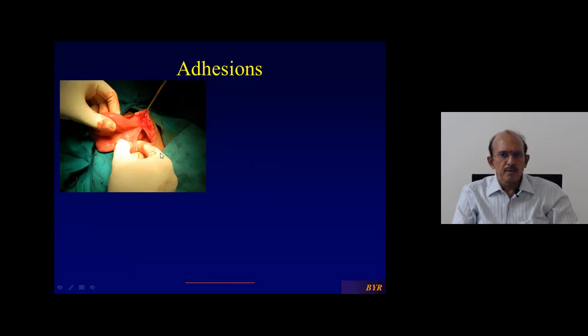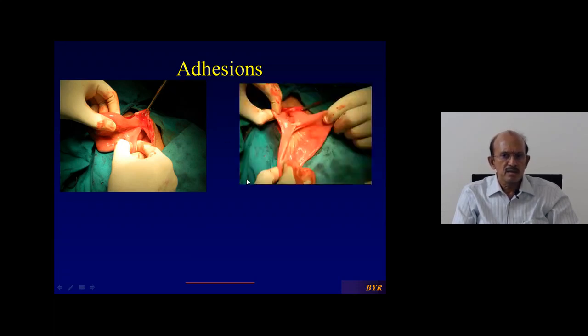Now you can see here, this is the abdominal wall. This is a loop of bowel. Now it got adhered to the abdominal wall at the previous stage of surgery. You can see here, there is one loop of bowel, and here is another loop of bowel.